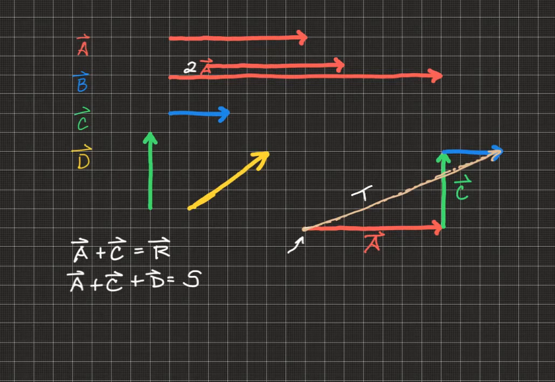Let's call it vector T. So that was A plus C plus B equals, oops, I forgot to put my vector sign there, vector T.